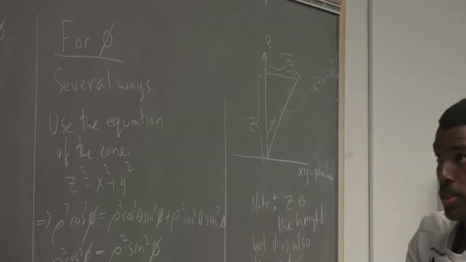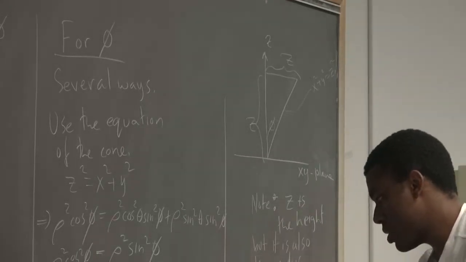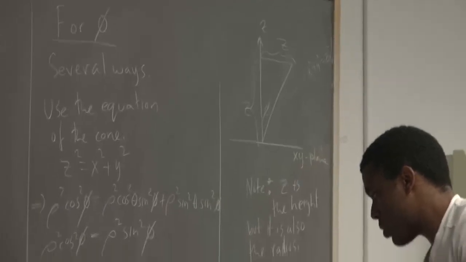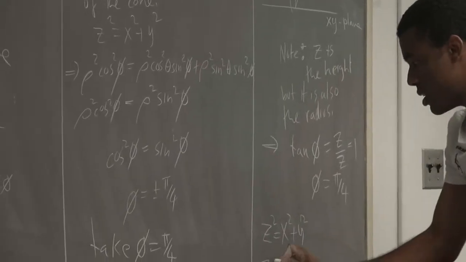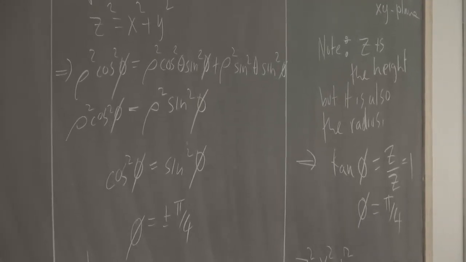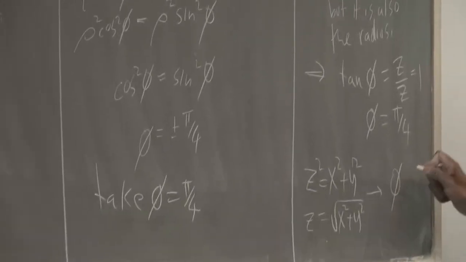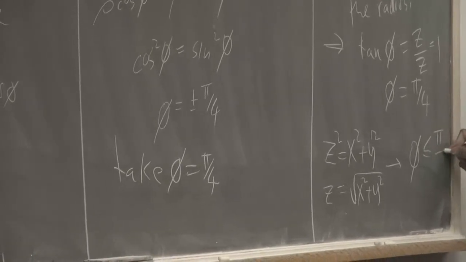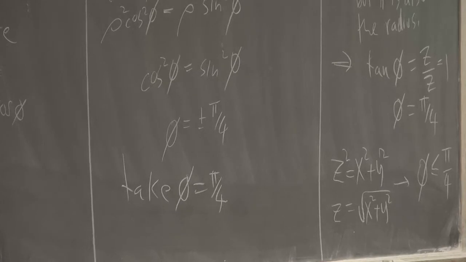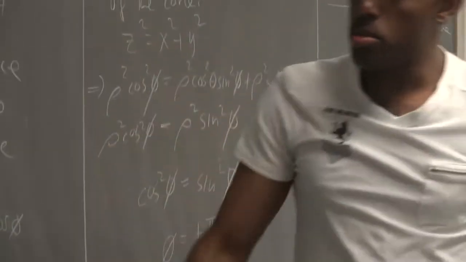And it's just something you can always memorize from this point on. So if you see z squared is equal to just x squared plus y squared, or z is equal to the radical of x squared plus y squared, you know that your phi, the maximum range, is pi over 4. So for the standard cone, that's going to be your phi.